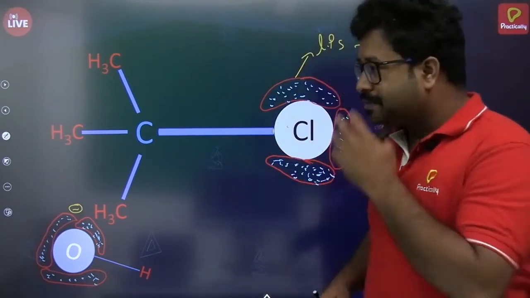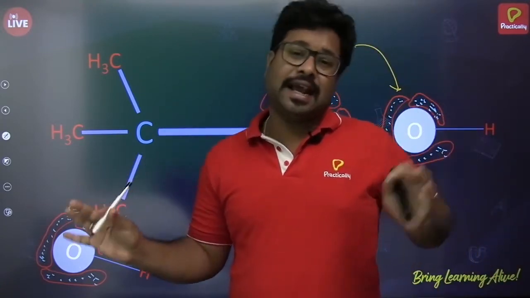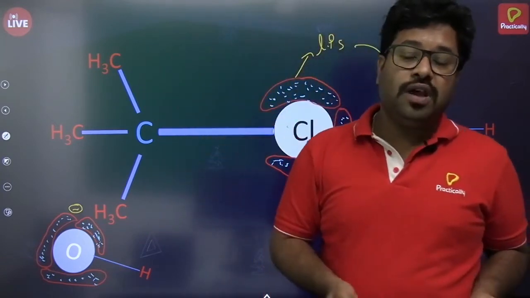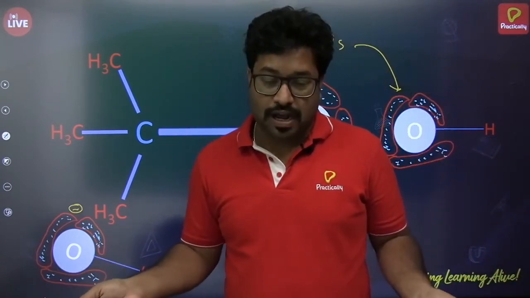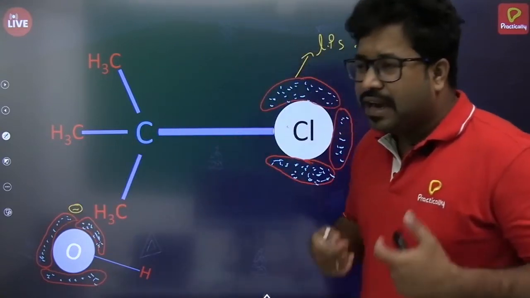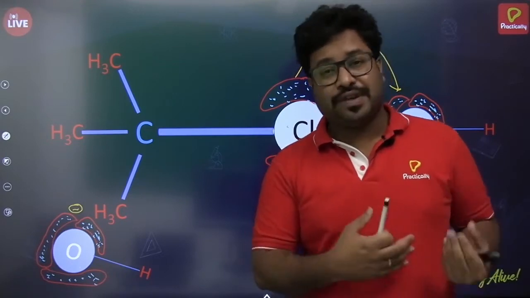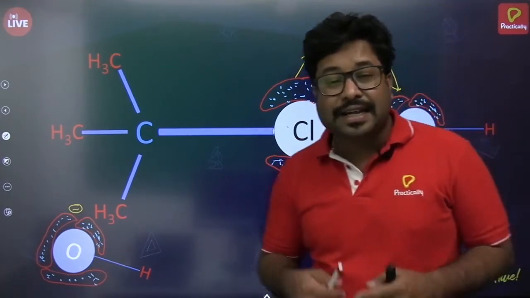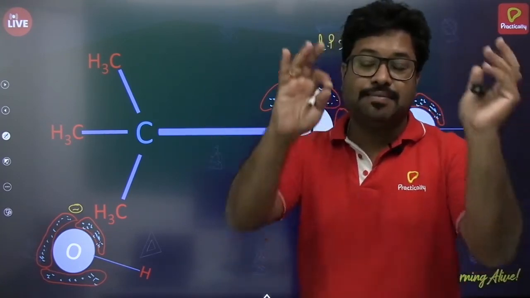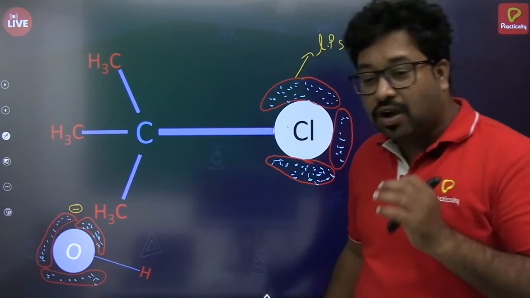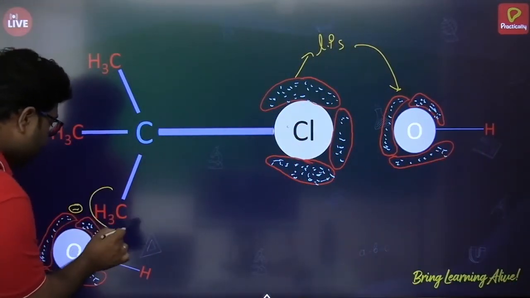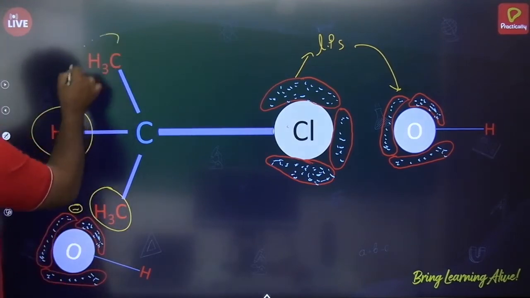But what is happening now? Front side attack is always prohibited, in SN2 also and in SN1 also. I'm talking about before the bond actually gets broken. In SN2 back side attack was possible, but in SN1 that is also not possible. In SN1 both the attacks, front side and back side, are not possible, because from the back side also you have these bulky methyl groups.